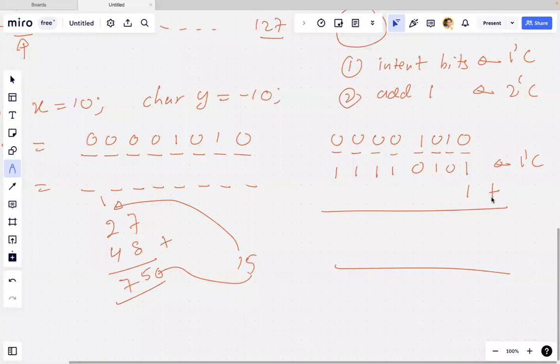Okay. Here 1 plus 1. What is 1 plus 1? Here the 8 plus 7 is 15. Here 1 plus 1, what is the value? Binary addition. Yeah, 1 plus 1 actually means 2, and 2 in binary is 1 0.